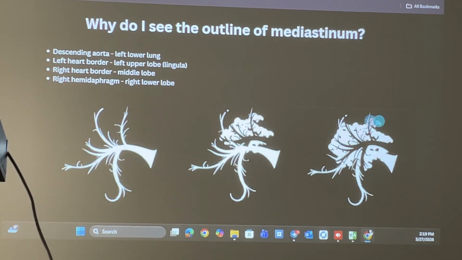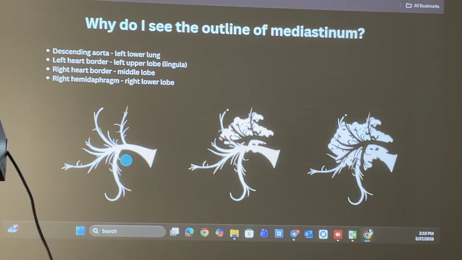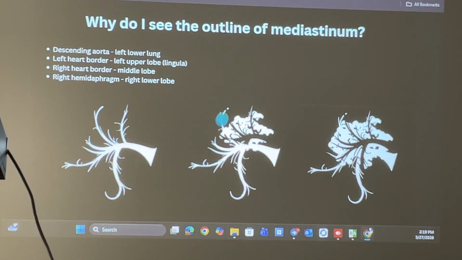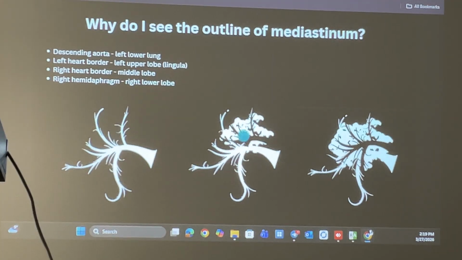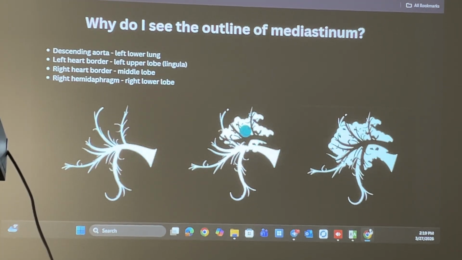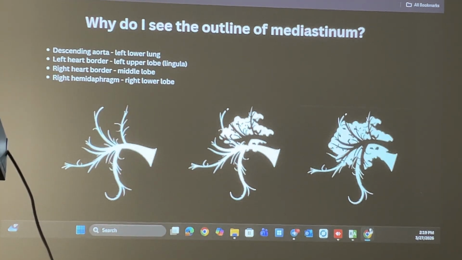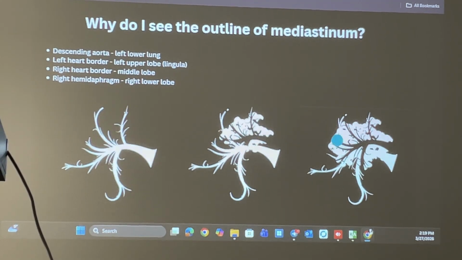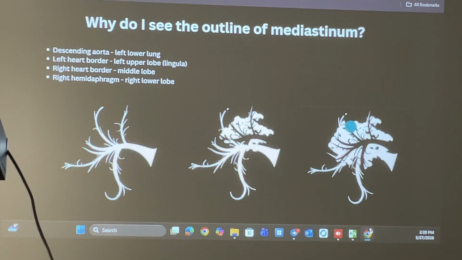So this is a picture of blood vessels. And in the second image, we have some opacity in the airspace. So here you can see in the third image, what is this called?